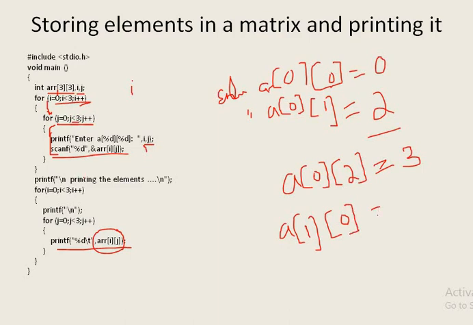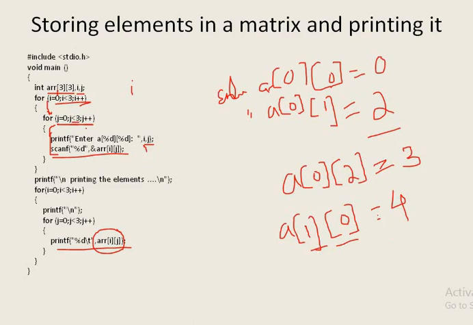And now the scanf function executes, and you can give a value to this statement here. Let's say the next value is 4. So the second row is accessed using a10. Here we are accessing the second row first column element, which will be taken as 4.